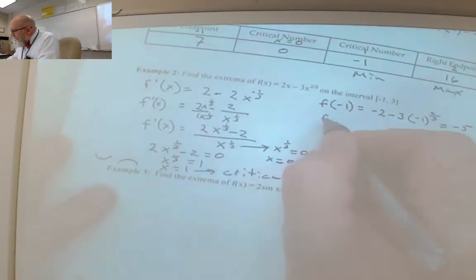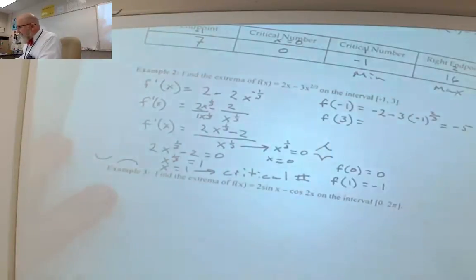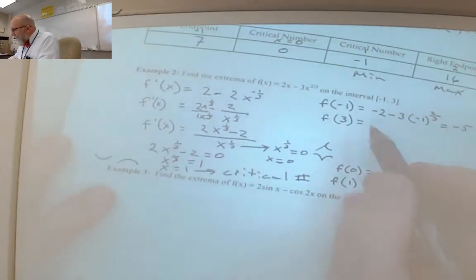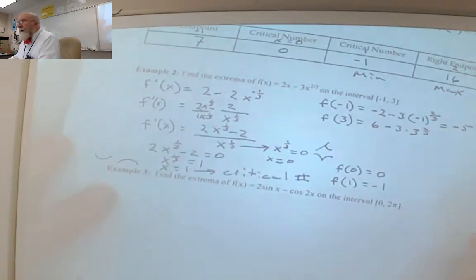Now I'm going to plug in 3. And I'm going to have 6 minus 3 times 3 to the 2/3 power. Well, I'll probably need a calculator for that. John, what did you get for that? I should have brought my calculator in.